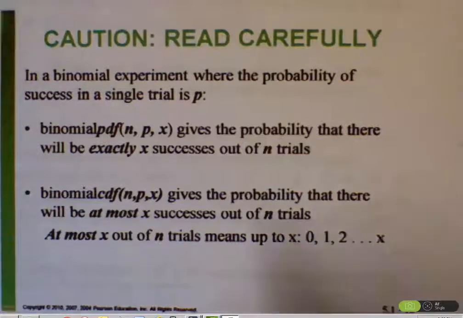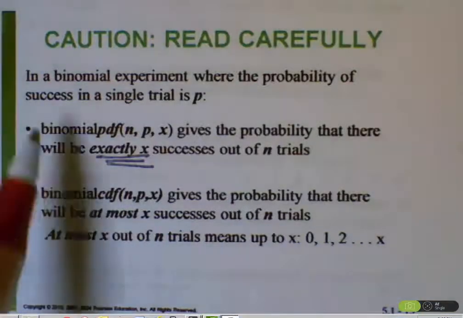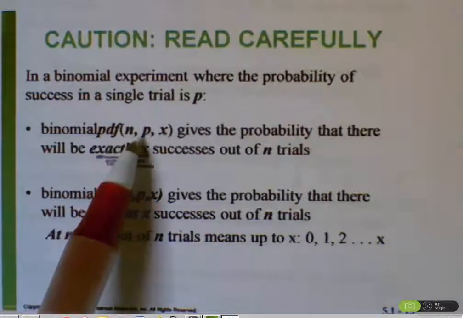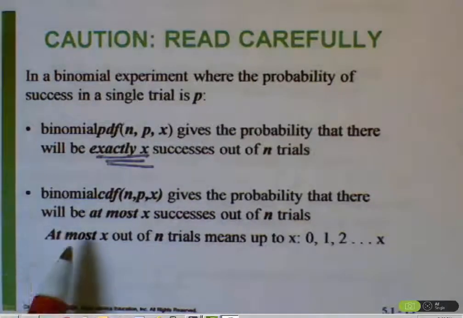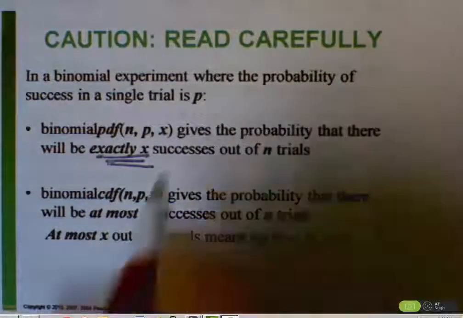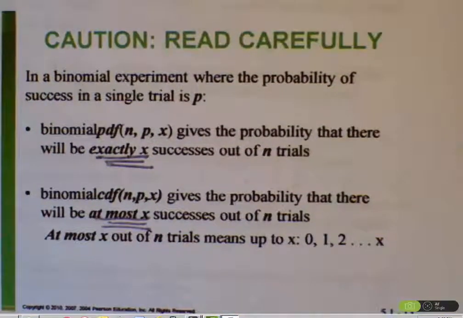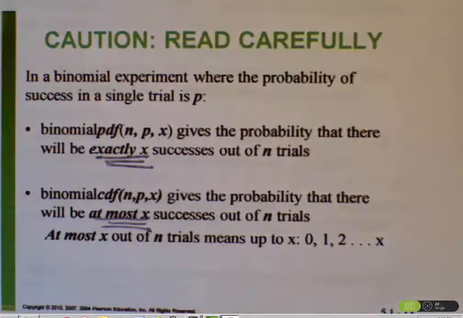When I want the probability of exactly X successes, that's when I use binomial PDF and enter the arguments N and P and X in that order. Binomial CDF gives me the probability that there are at most X successes. That adds up all the probabilities from 0 to whatever X value I enter at the end of that argument.